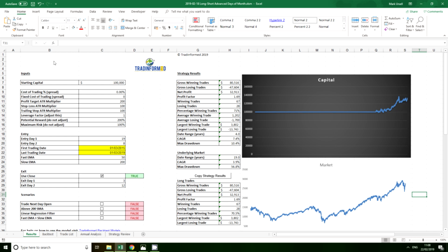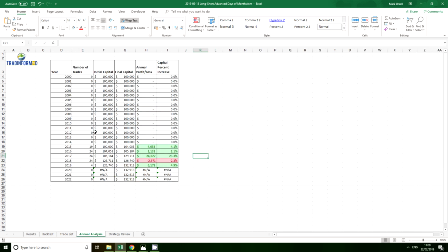Now, a new feature in this model is the annual analysis. This helps us to understand the compound annual growth rate and what this actually means in terms of annual results. All of us tend to think in annual performance, and we can see it here. What we've got is, for most of 2015, we had 4.1%, 1.1% in the slightly tougher market conditions of 2016.